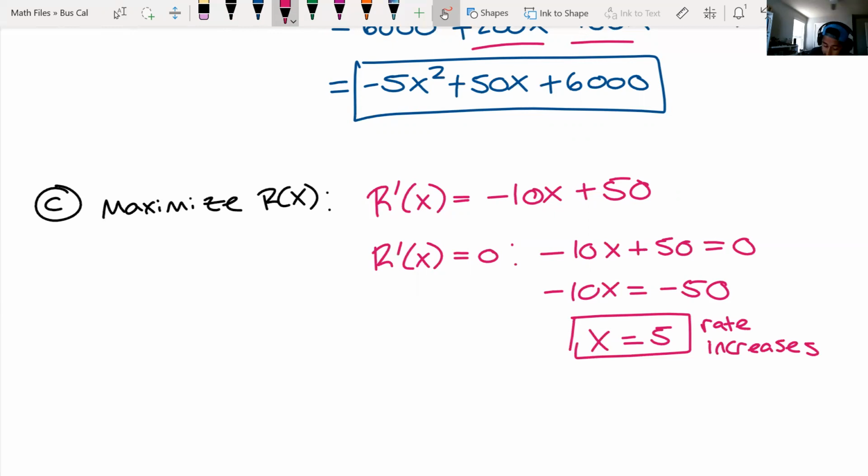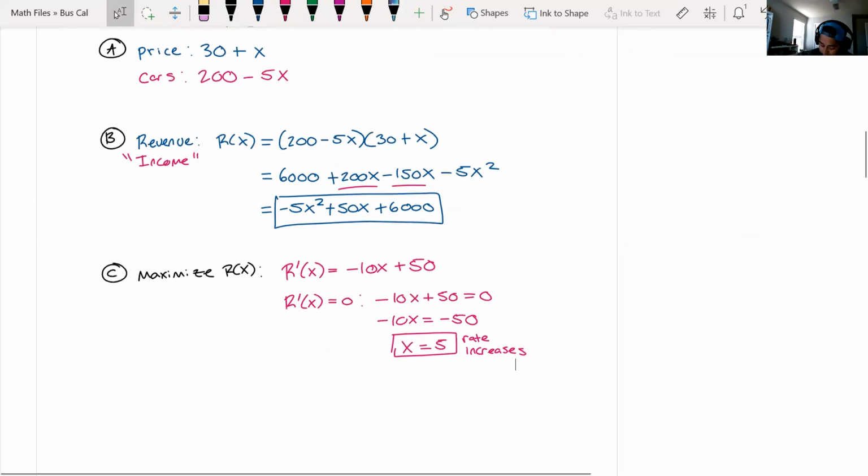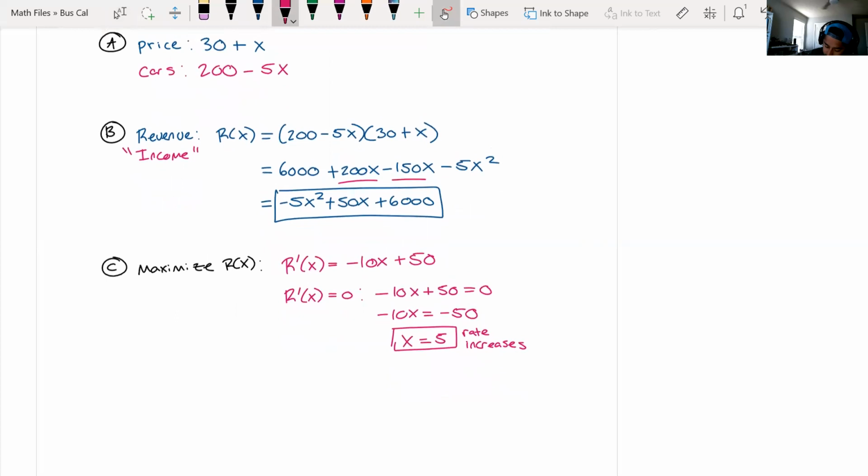So now, again, what we're going to do with that information is plug it into the revenue function, plug it into the price, and plug it into the cars. So I'll have R of 5.